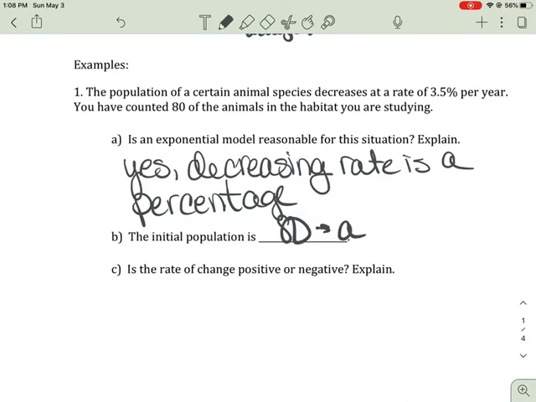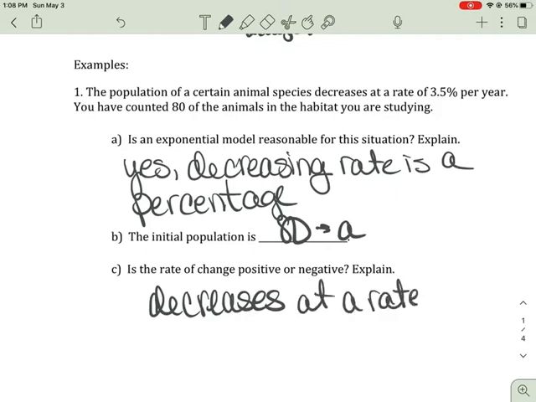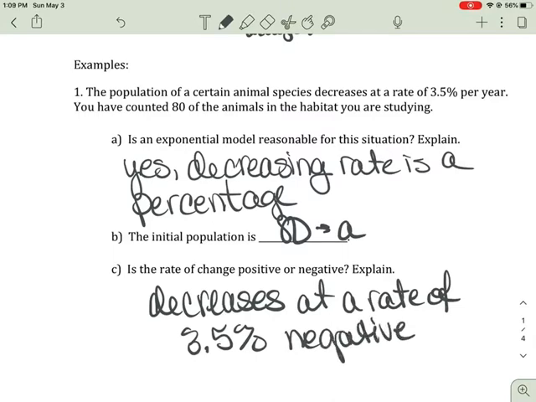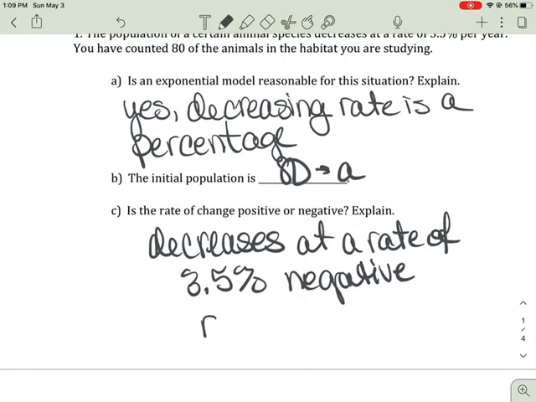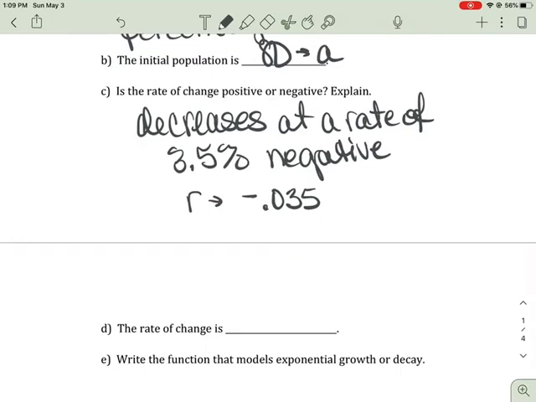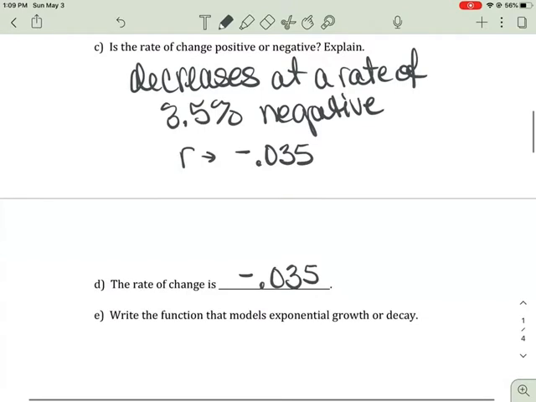Is the rate of change positive or negative? Our rate says decreases at a rate of 3.5%. So that's going to be negative, because we're decreasing. Our R is going to be negative 0.035.